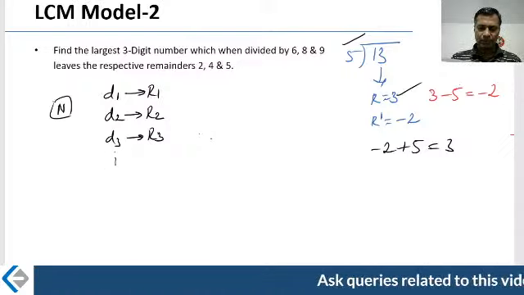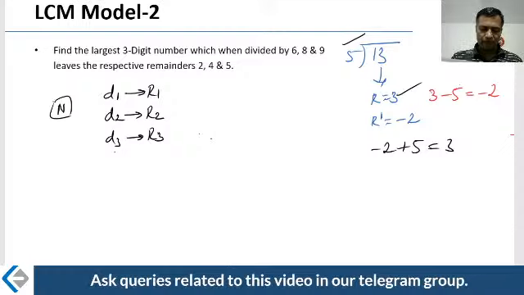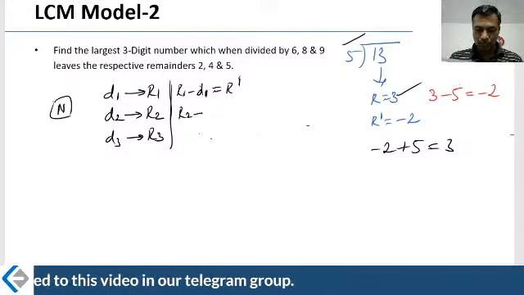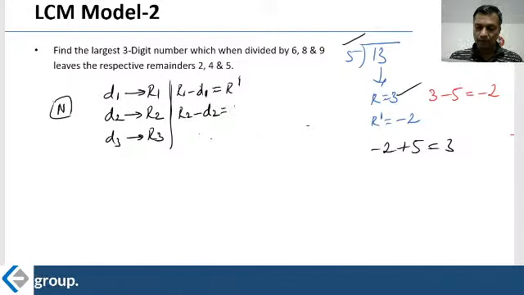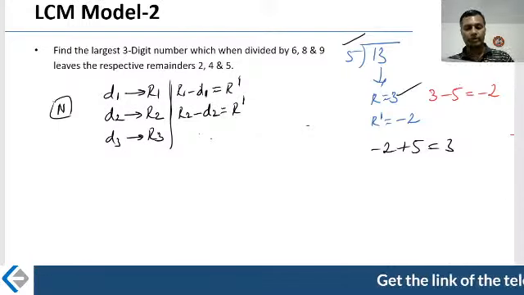So in this case, you notice that R1 minus D1 is the constant remainder, R dash. You notice this fact: R2 minus D2, negative remainder, that is common, R dash. Negative remainder is coming out common.